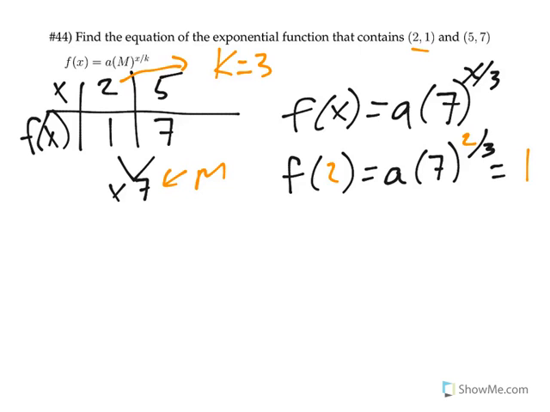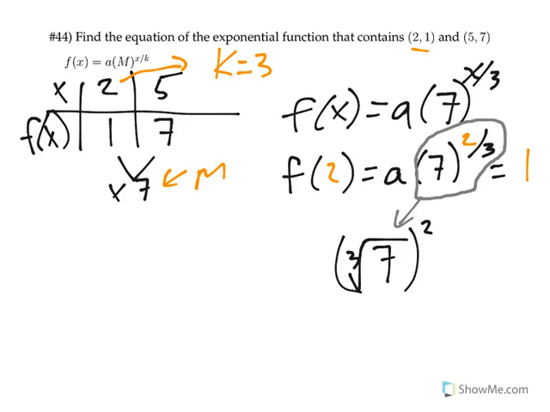So I sort of solve this, and as much as I don't know what the cube root of 7 squared actually is, I can take this equation, A times the cube root of 7 squared equals 1, and divide both sides by the cube root of 7 squared.